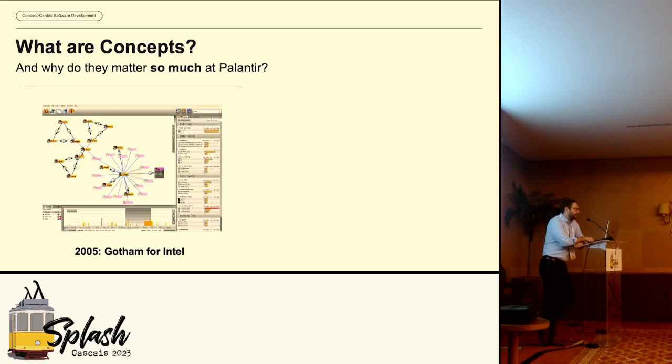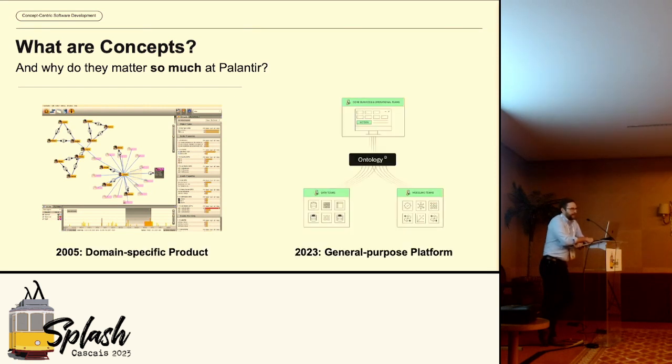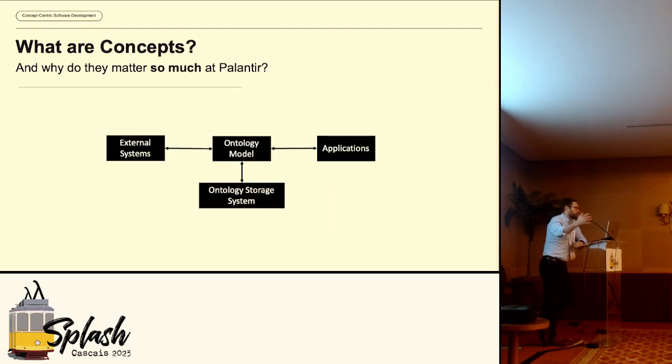Why do they matter at Palantir? Over the past 20 years, we've sort of moved from building a really domain-specific intelligence product to building a general platform that's centered around the idea of an ontology. And so if any of you have done work in the semantic web or sort of ontology modeling, rectification between different system models, there is this sort of fundamental thing, which is that you have external systems, you have an ontology model, you build applications on top of that ontology model, you store data in that ontology model, or you federate.